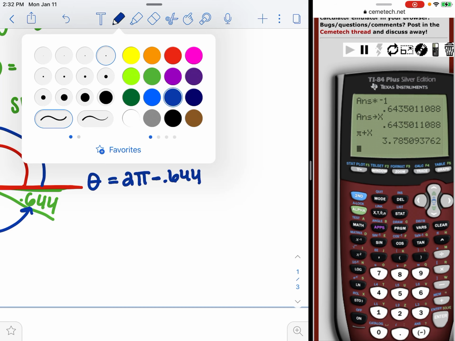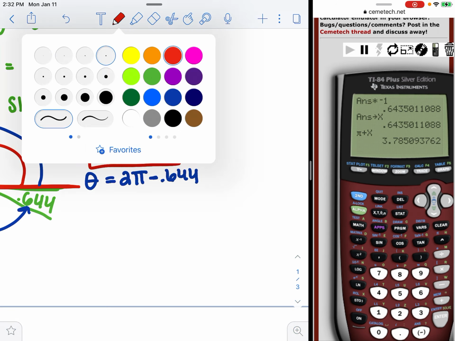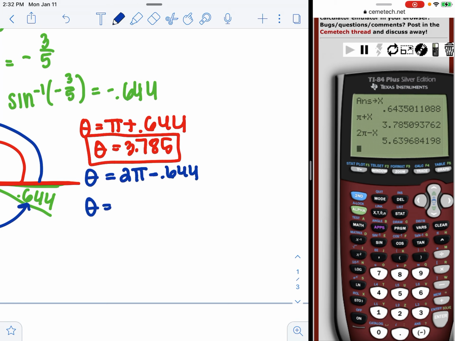That'll be my first answer, which is theta is 3.785. And now I will get my second answer by doing 2 pi minus x. So my second answer is 5.640.